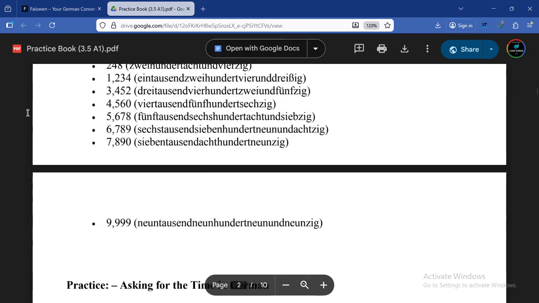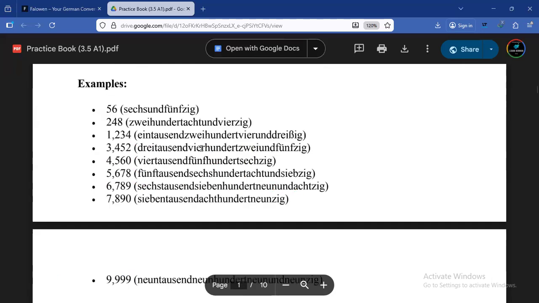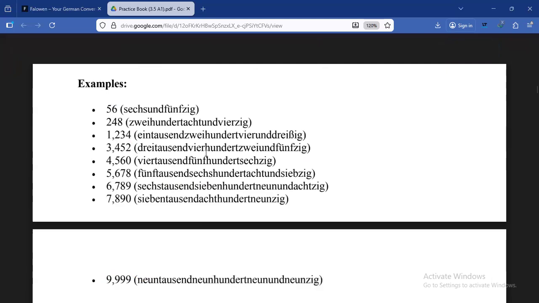And 6,789 is going to be 6,789. 7,890 is going to be 7,890. And 9,999 is going to be 9,999.